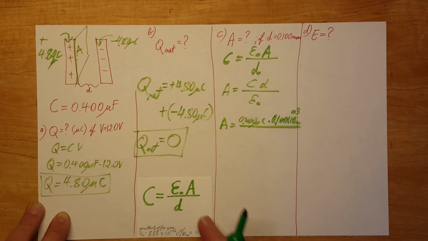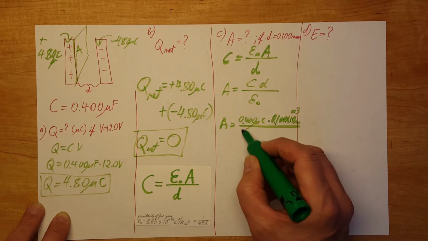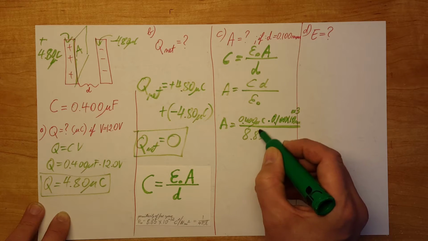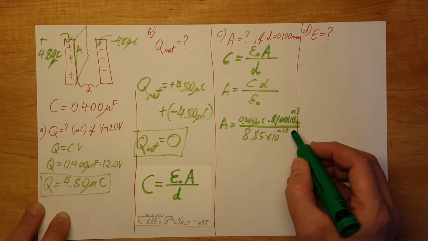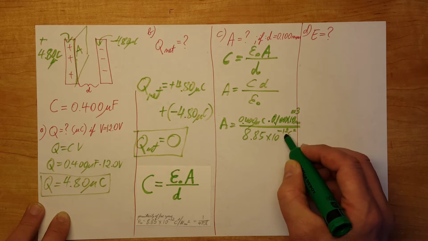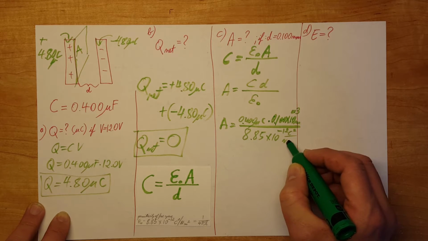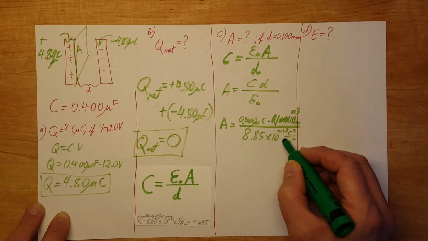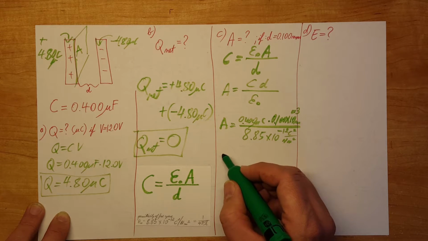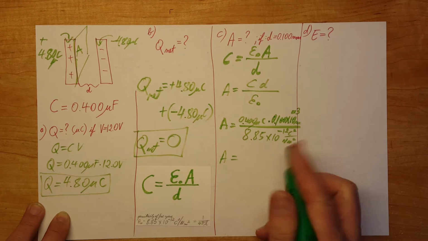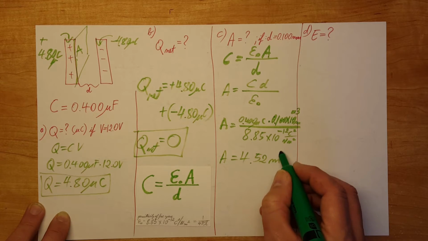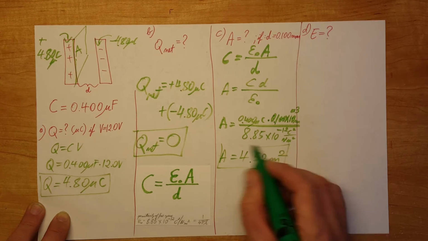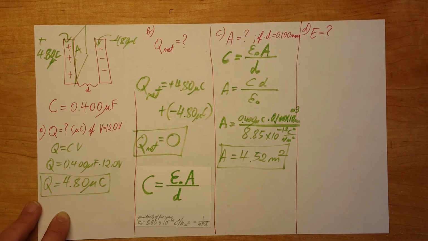This is a constant, so that one is 8.85 times 10 to the negative 12 coulombs squared per newton meters squared, the units. So our area, if we calculate this, will be 4.52 meters squared. This is our third answer.